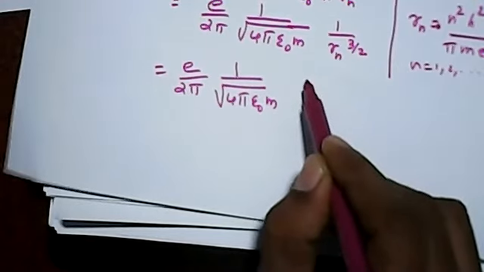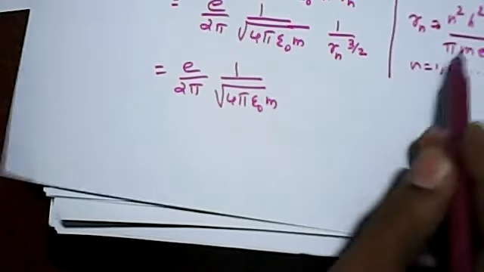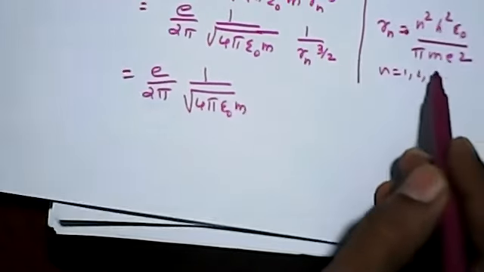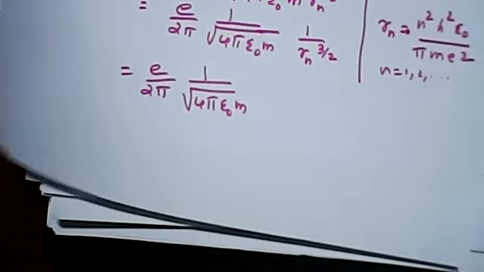So pi m e square will come to the numerator.